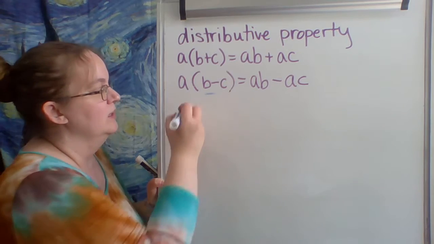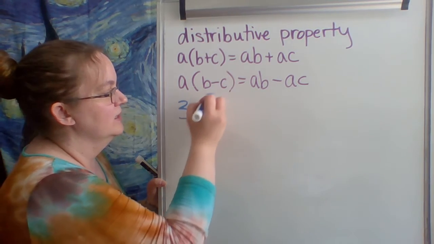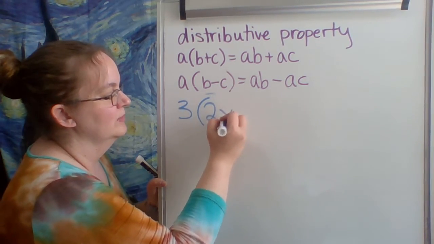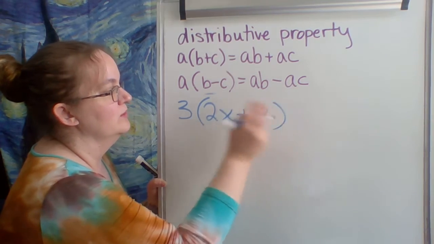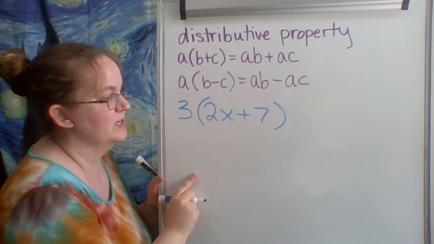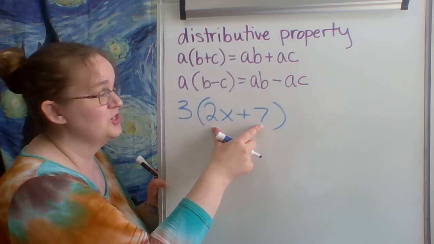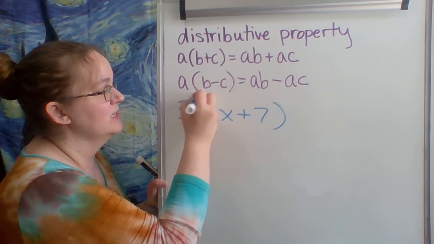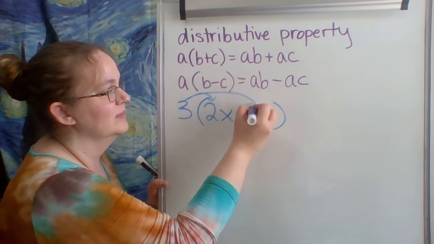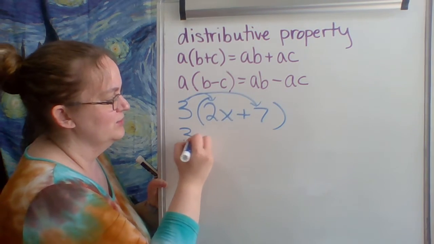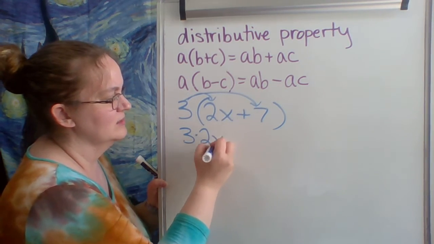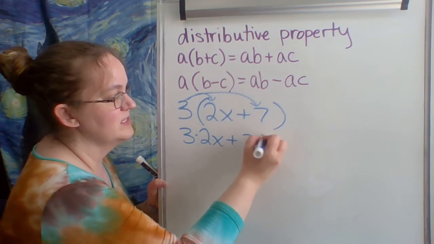Okay. If I have something like 3 times 2x plus 7 in parentheses, an equivalent expression using the distributive property, I can distribute the 3. I guess I'm using 3 today, huh? 3 times 2x plus 3 times 7.